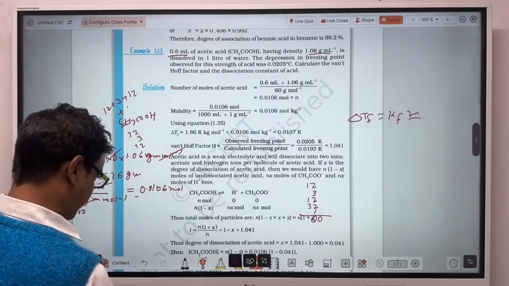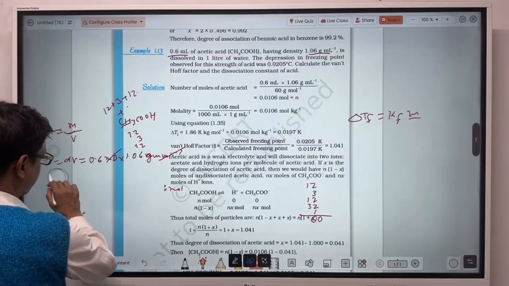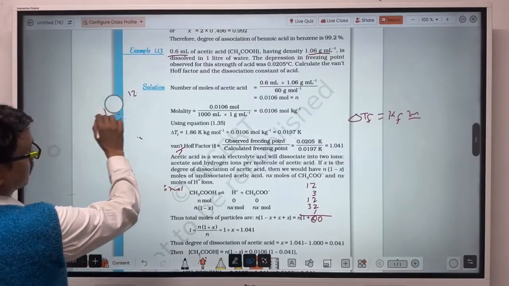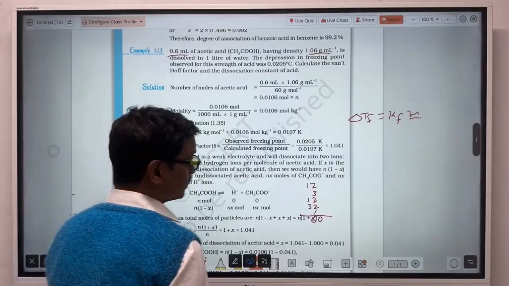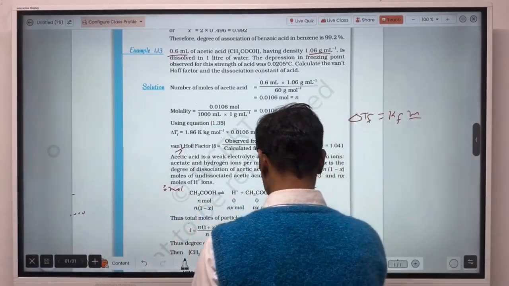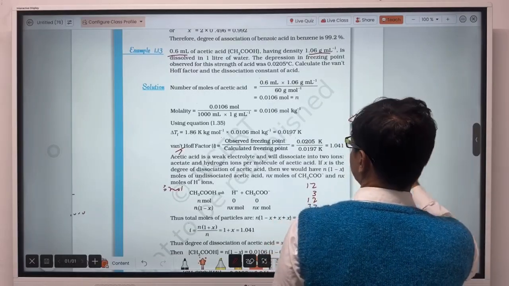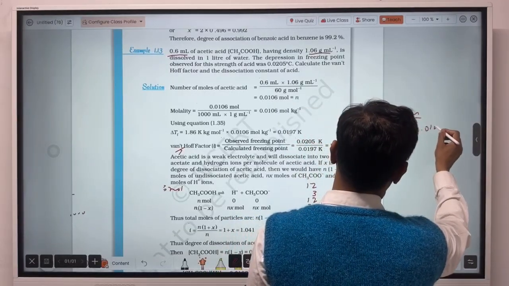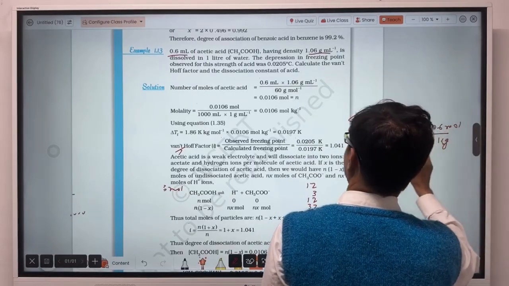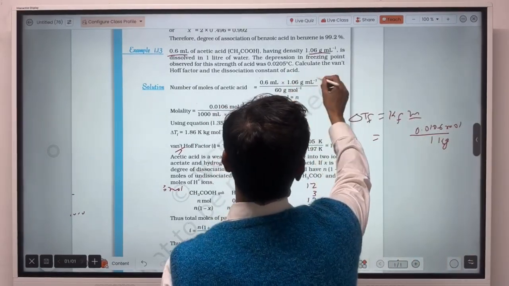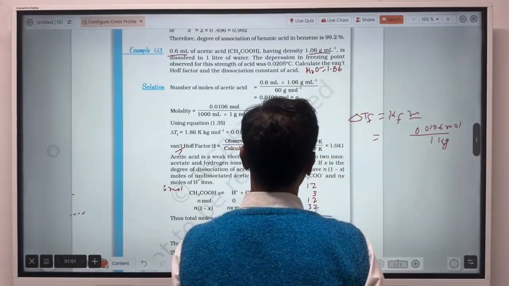Now molality will be equal to the number of moles, 0.0106, upon 1 kg. This is mole per kg, and Kf has been given. Here it is not given, but Kf of water is 1.86. No need to mug up.